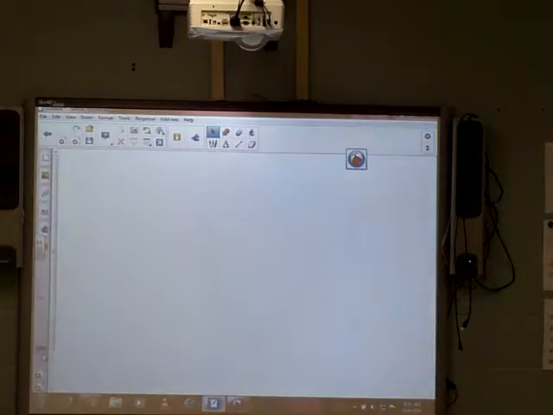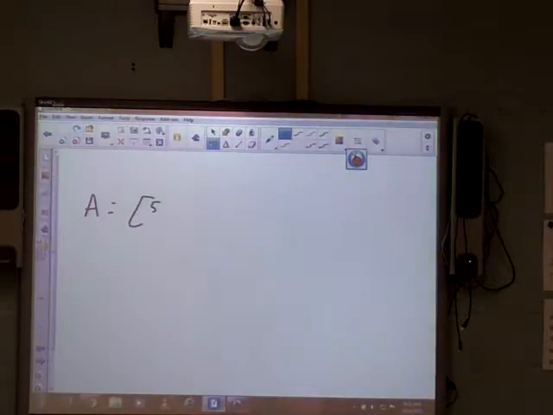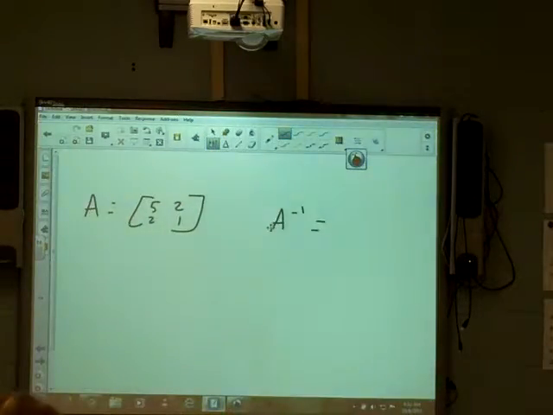That's what Kelsey was talking about. We actually did the inverse then. But if you're ever just asked for the inverse, like if we had matrix A that is equal to 5, 2, and 2, 1, and you're asked to find the inverse.